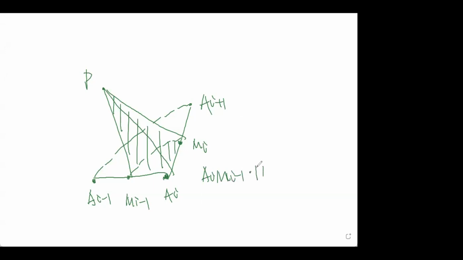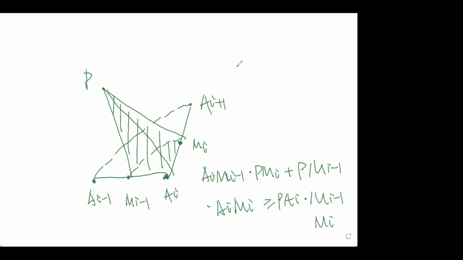So if you use Ptolemy inequality in this quadrilateral, you could actually get A_iM_{i-1} times PM_i plus PM_{i-1} times A_iM_i be bigger than PA_i times M_{i-1}M_i. And this is obvious because we know the conclusions. In this way, we can tidy up the inequality with their mathematical relations.